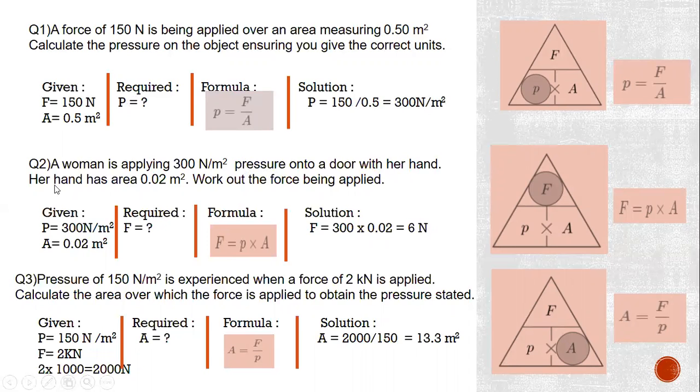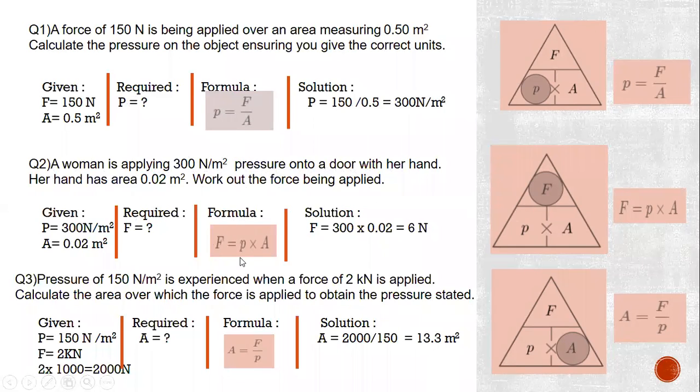Second, if a woman is applying a 300 newton per meter square pressure onto a door with her hand, which has an area of 0.02 meters square, work out the force being applied. Now, for the force, we can change the formula.